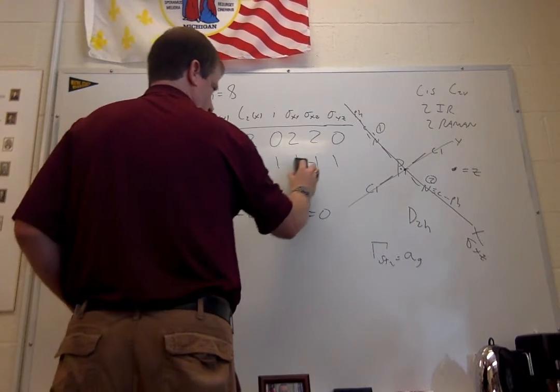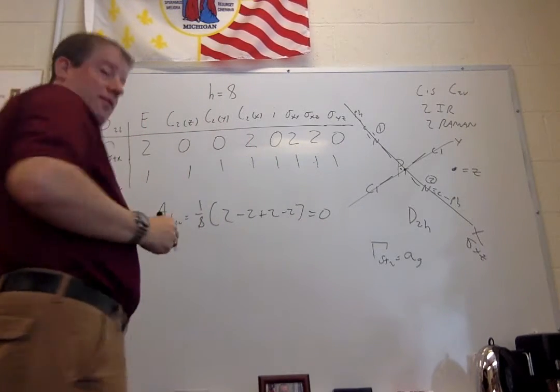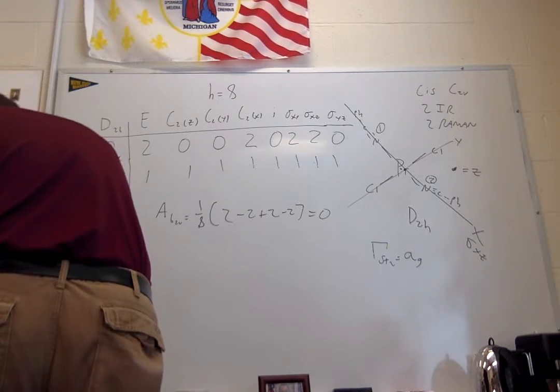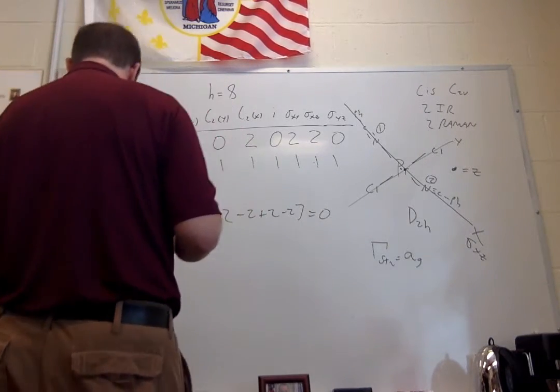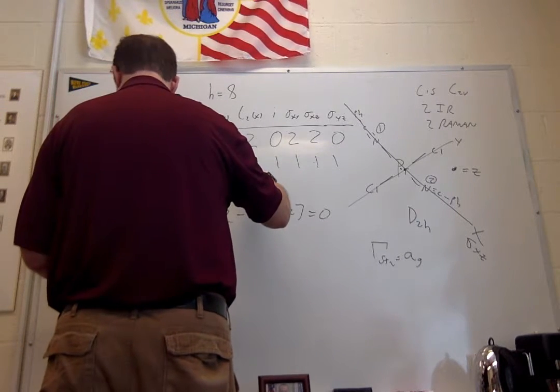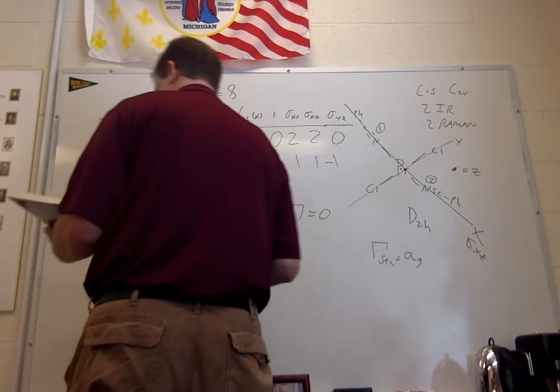So we have one more. We hope this fits, because if we get a 0 here, we did something wrong along the route that we took. And this one is like so.